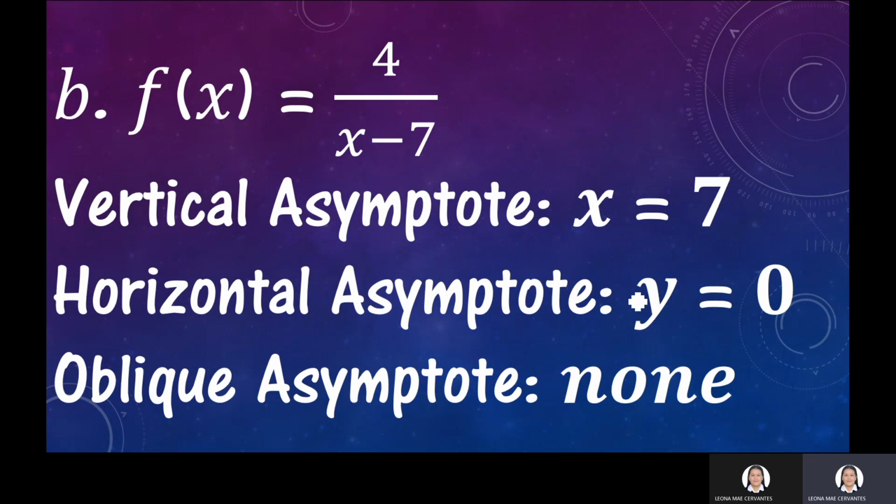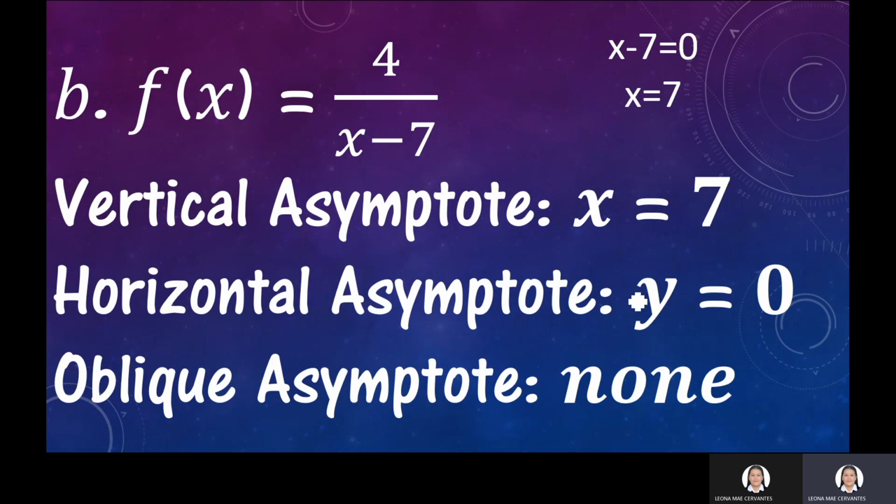Okay, so we have f of x is equal to 4 over x minus 7. So, vertical asymptote, denominator, equate to 0. So we have x minus 7 equals 0.